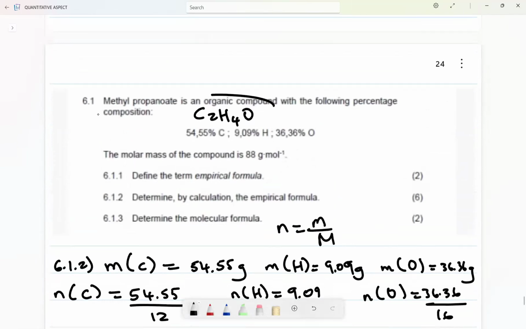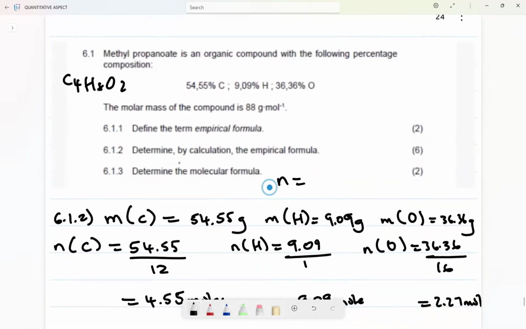Yes, C2H4O. And remember, what did I say? It's going to be C4H8O2. Now they say, calculate the molecular formula, 6.1.3. Remember, we need to find the ratio first.